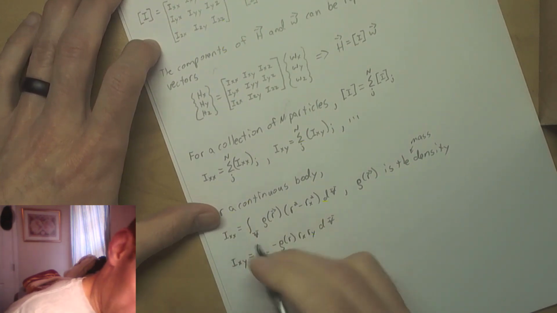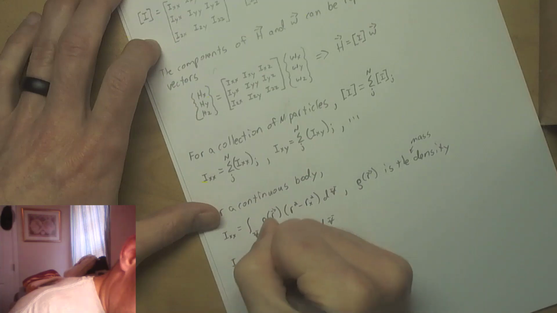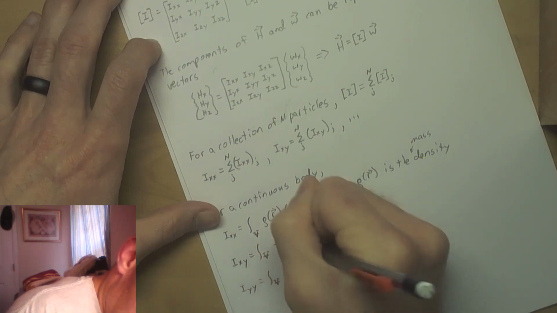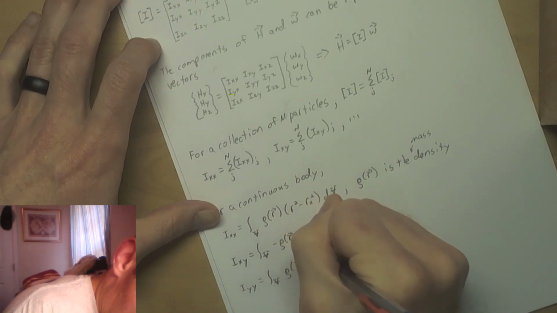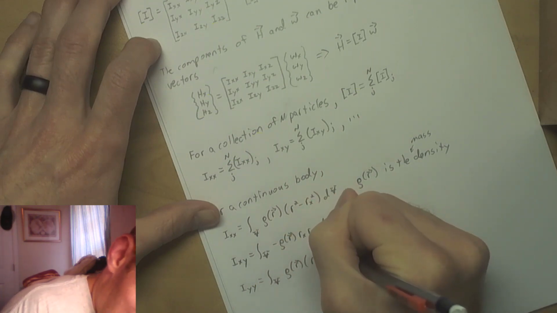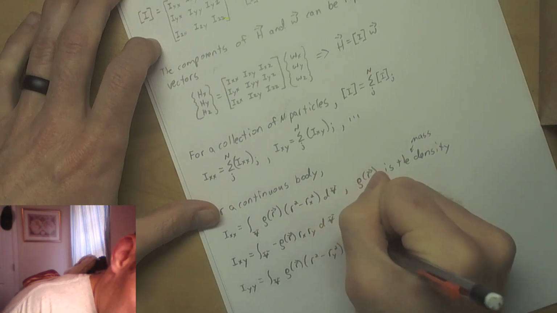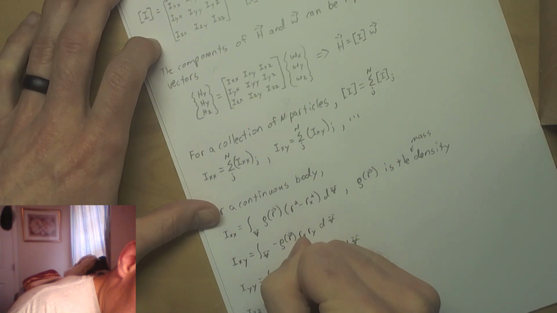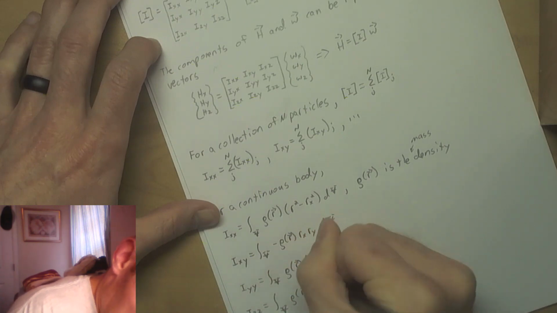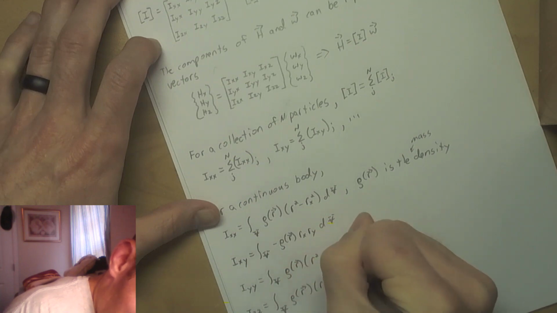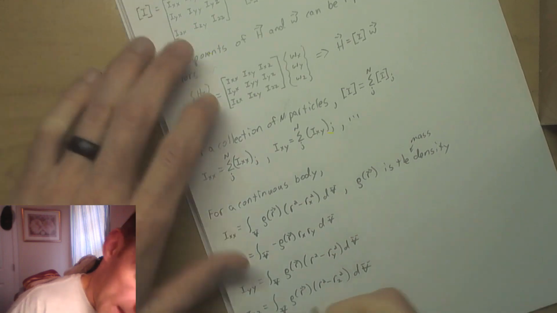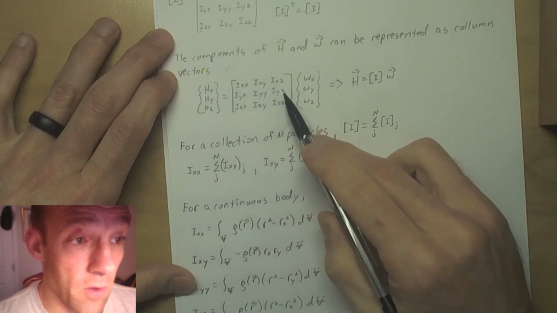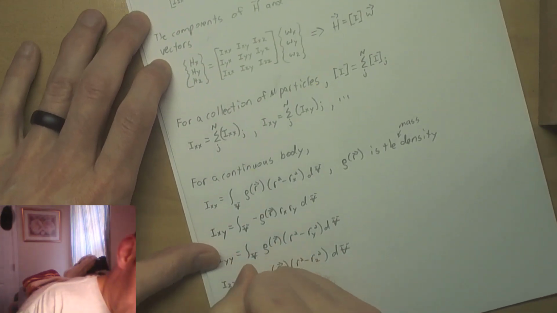So for Ix, in sort of a more general statement, I'll write these ones out, and then for the other terms, the non-diagonal terms, the terms that are off of the main diagonal, we can summarize it this way.